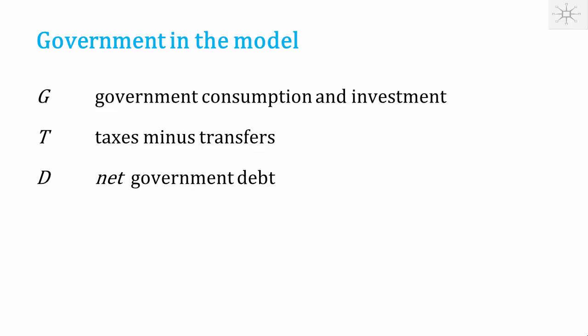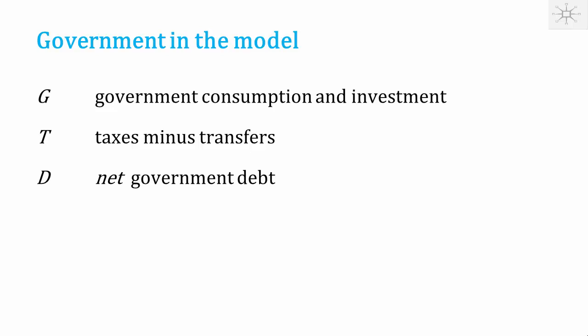We view it as if the government was buying goods in the market from the private firms, to make things simple. And then we have T, which stands for taxes minus transfers, the net amount of money that the government takes from the households.